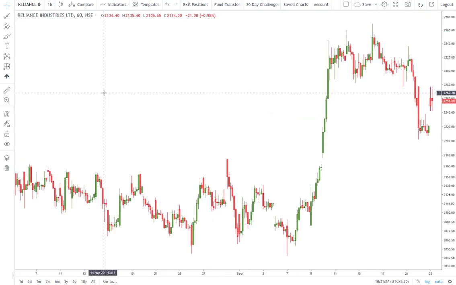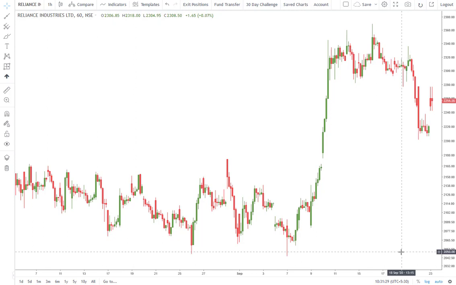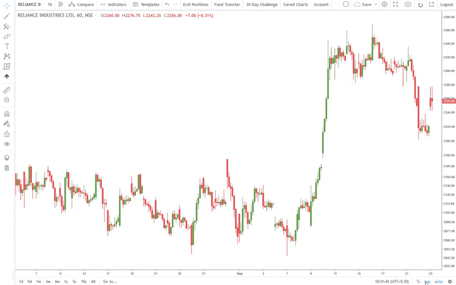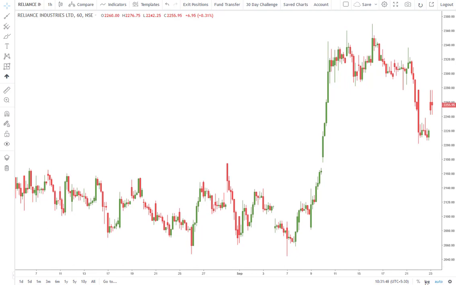At present, we are using the log scale. See that when we toggle back and forth from log scale to linear scale and then again to log scale, there is not much of a difference in the way the candles appear on a chart.